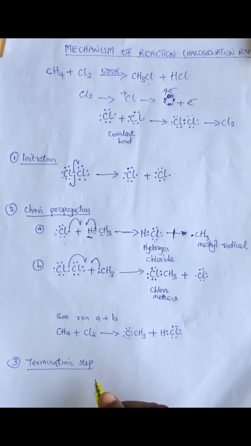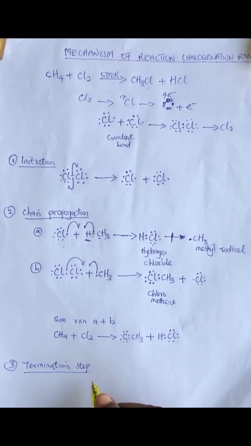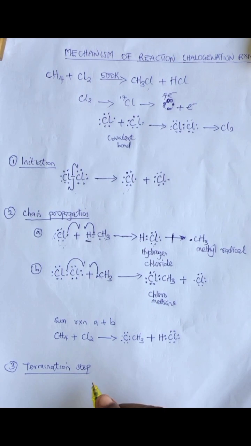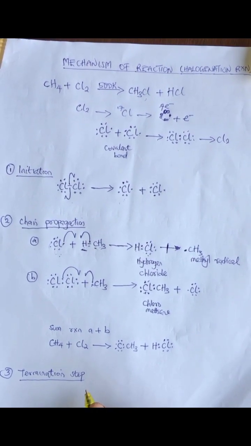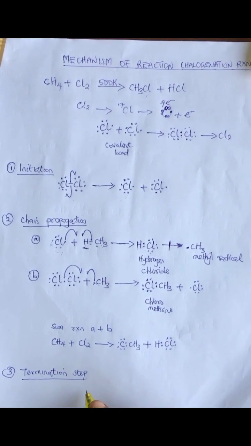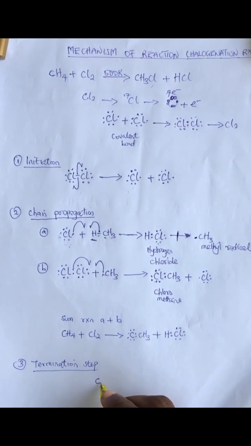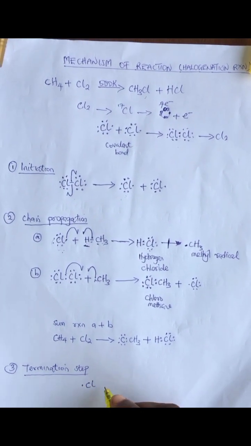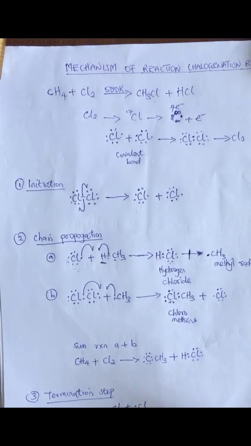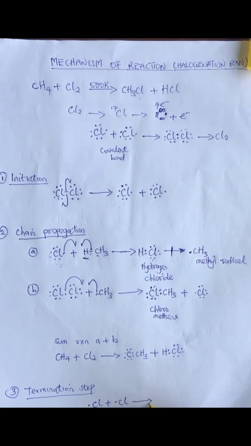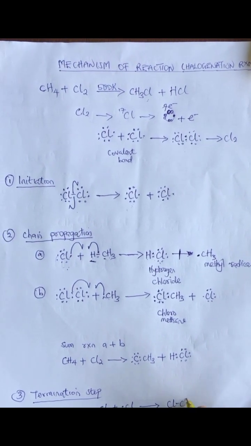In termination, what happens is two radicals meet together. So when two radicals react, it will lead to a halt in the system. For example, when we have a chlorine radical reacting with another chlorine radical, this will give what? A chlorine molecule.